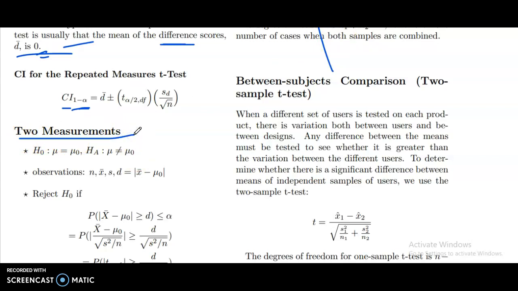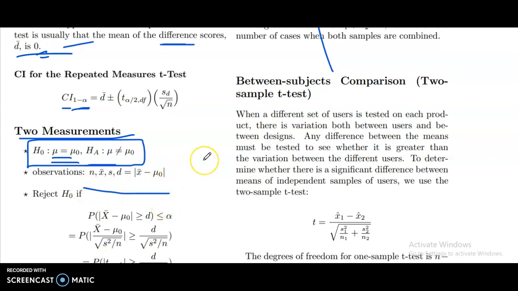H naught: mu equals mu naught. HA: mu not equal to mu naught. When mu is not equal to mu naught, that is HA. Observations: n, x bar, s. T equals mod of x bar minus mu naught.